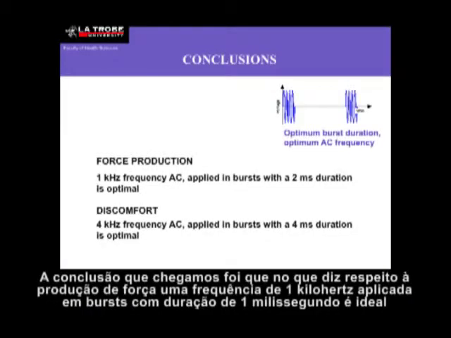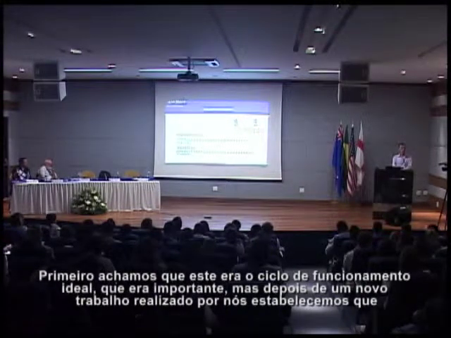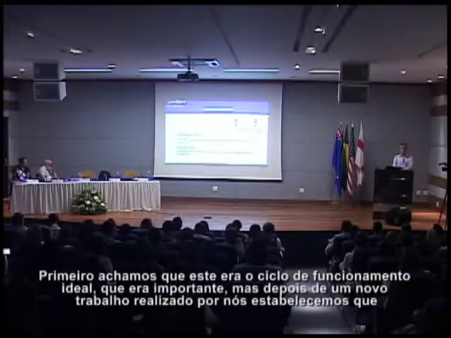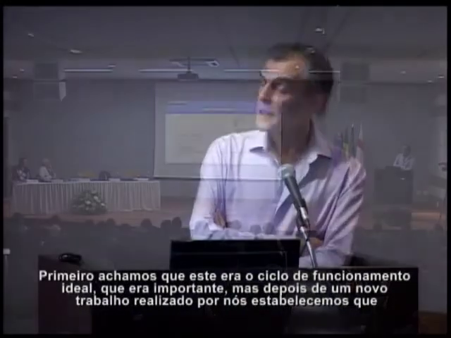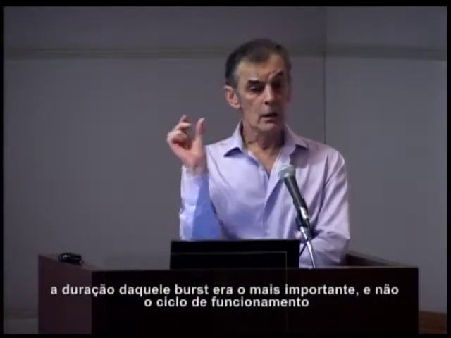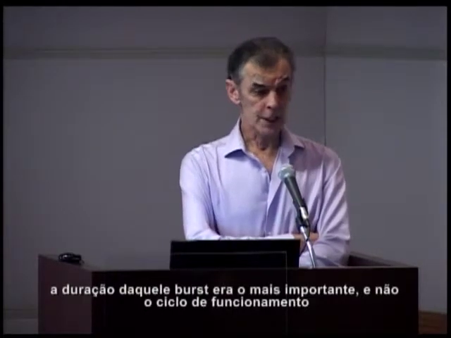So the conclusion that we came to was that as far as force production was concerned, 1 kilohertz frequency AC applied in bursts with a 2 millisecond burst duration is optimal. At first, we thought it was the actual duty cycle that was important, but with later work we established that it was actually the duration of that burst that was important, not the duty cycle as such.